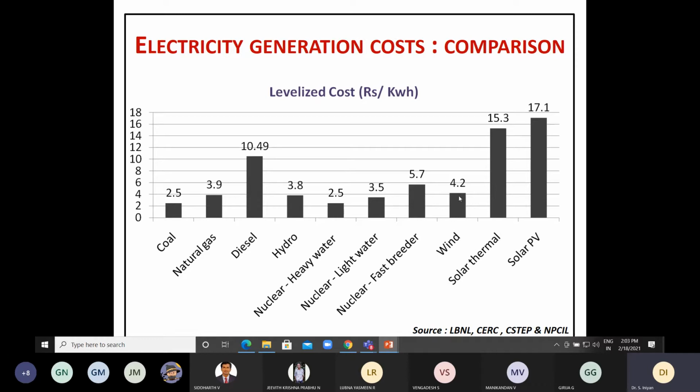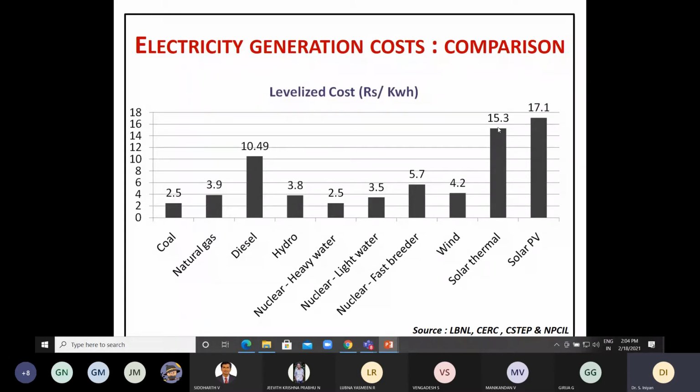So the electricity generation cost for wind is around 4.2, right? Per kilowatt hour, which is nothing but 1 unit equal to 1 kilowatt hour. So for generating 1 unit, the cost for wind is 4.2, right?